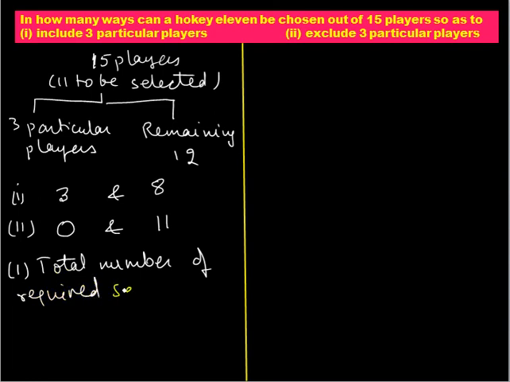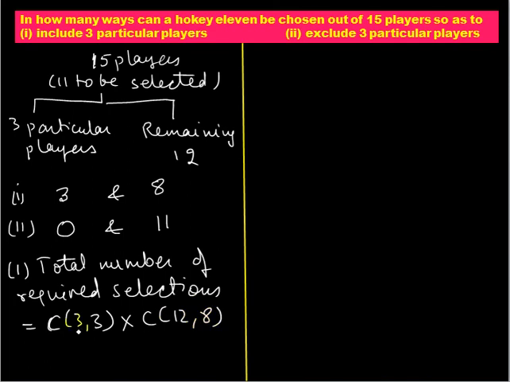This will be C 3 comma 3, because there are 3 particular players, all the 3 are to be taken, and C 12 comma 8. So C 3 comma 3 reduces to 1 on expanding. This we will write down. It will be 12 factorial over 8 factorial into 12 minus 8, which is 4 factorial. So we need to expand it and solve.